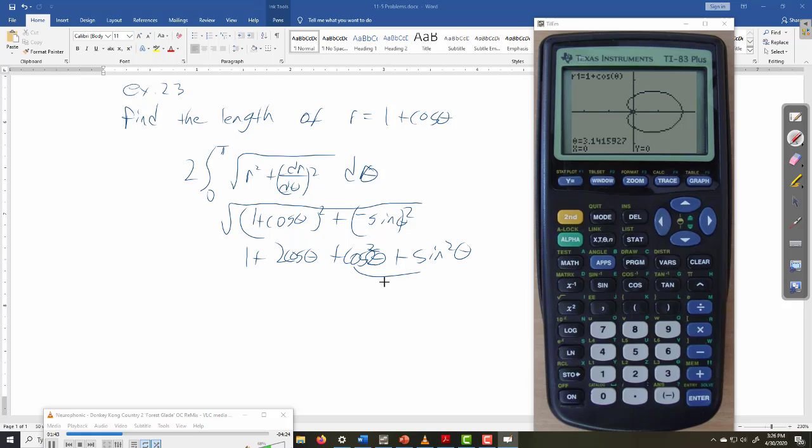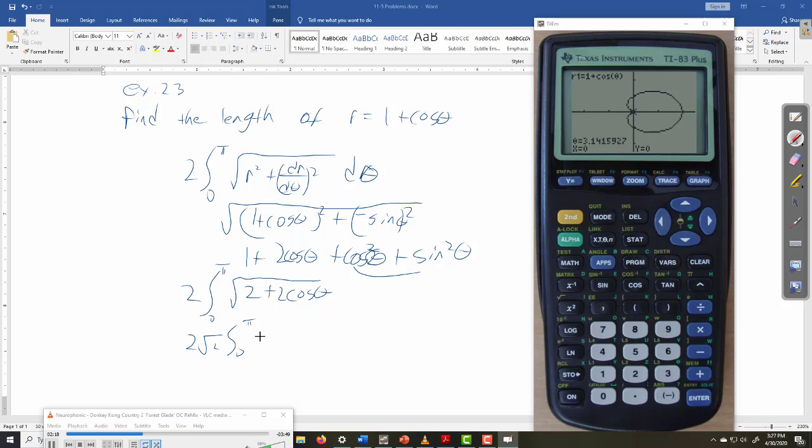Sine squared plus cosine squared is 1. 1 plus 1 is 2. 2 plus 2 cosine θ. Square root it. 0 to pi, 2. And if we look at that, I can pull out the square root of 2, I guess. 2 square root of 2.